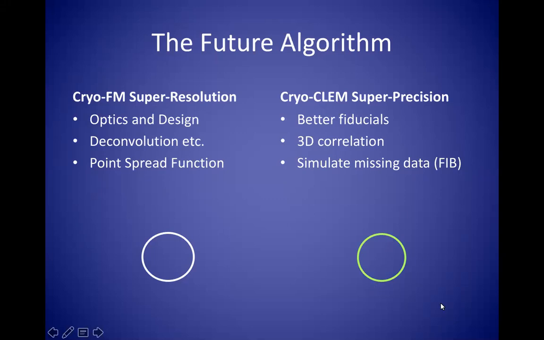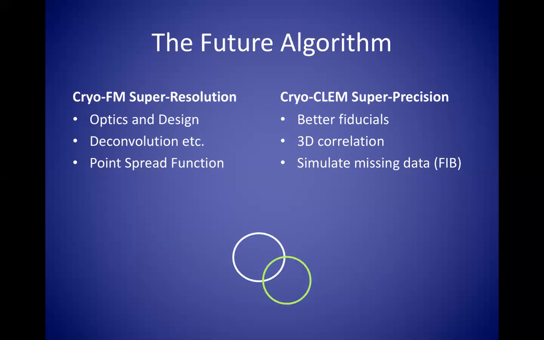So we're trying to say, okay, I have a sample inside of this circle. I want to get the circle as small as possible so that I can predict where it is. And it's important to remember that the true error of cryo-CLEM is the convolution of the two. And so no matter how far we progress with the super resolution, if the precision is poor, we're still not going to be able to target single proteins, and vice versa.